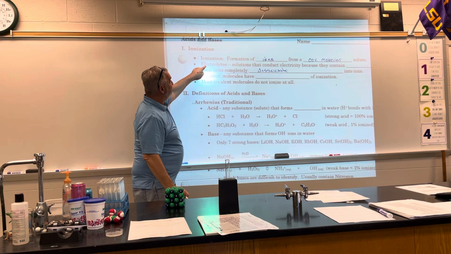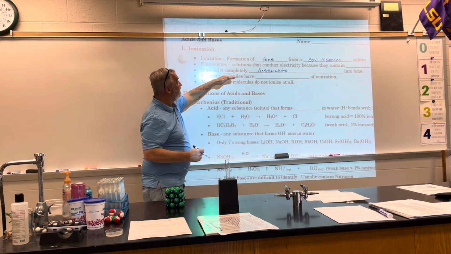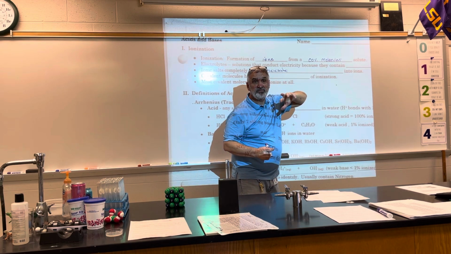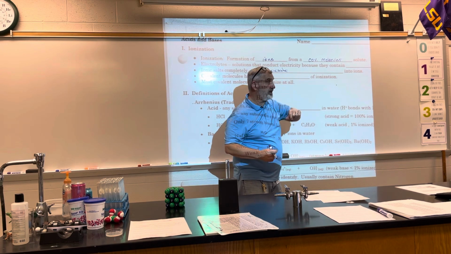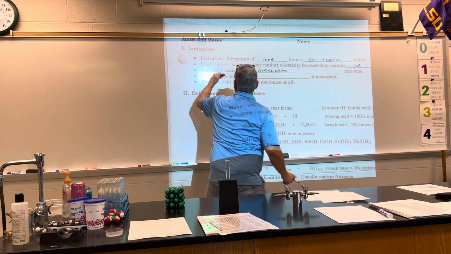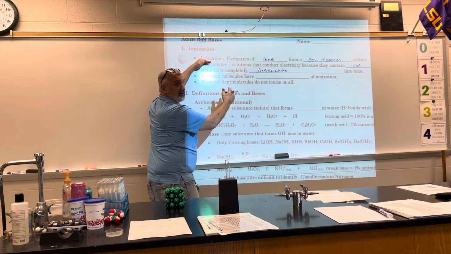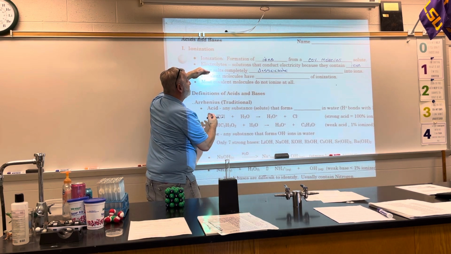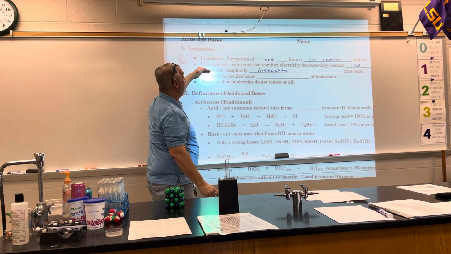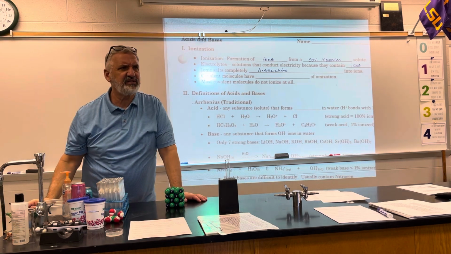So electrolytes, we're combining all these different things. There are solutions that conduct electricity because they contain ions. If a covalent molecular substance ionizes, we'll have some ions. If an ionic solid dissolves, it's going to dissolve as ions. But what are our 3 types of electrolytes?